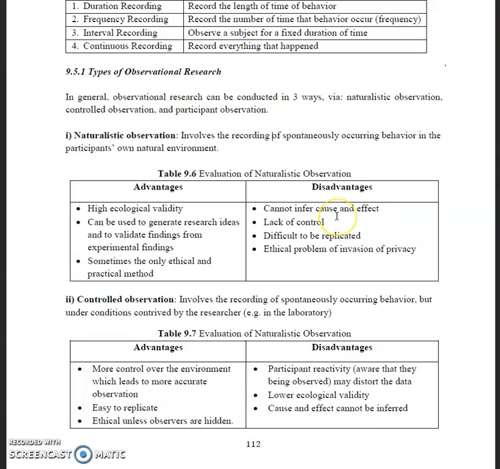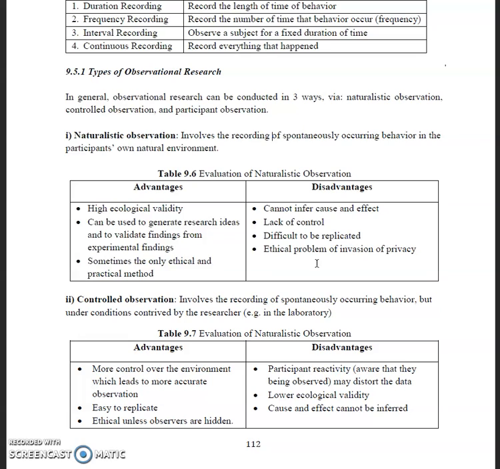Now let's look at the disadvantages. The first disadvantage mentioned in the book is that you cannot infer cause and effect. The cause and effect here, I think, refers to the independent variable. Say, for example, you want to observe the aggressive behavior of a homeless person.